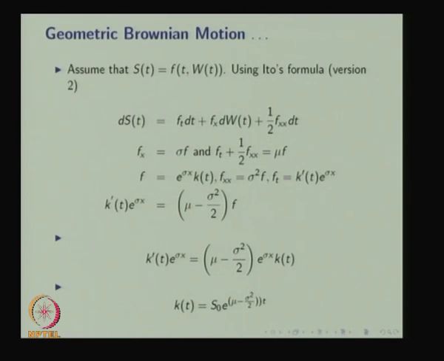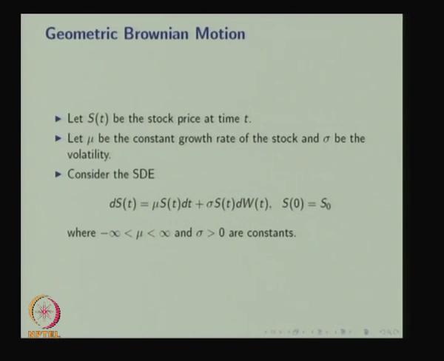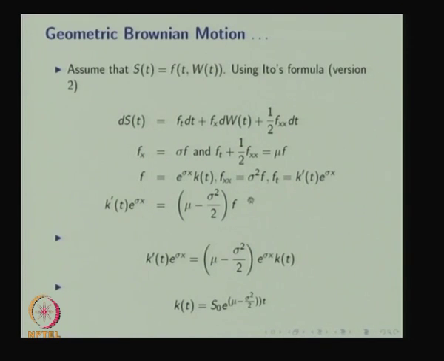Now you can compare this with the given stochastic differential equation. This is the given stochastic differential equation for dS_t, whereas by the Ito formula dS_t is written this way. So you can compare the two.